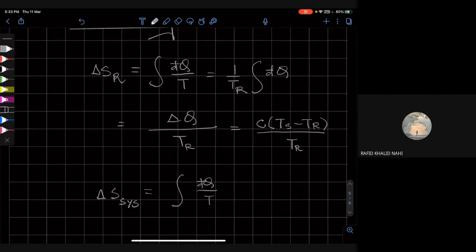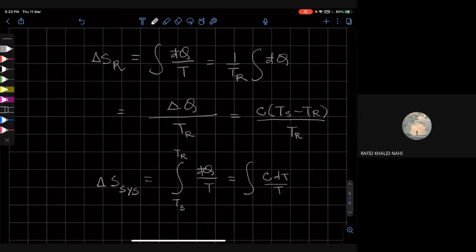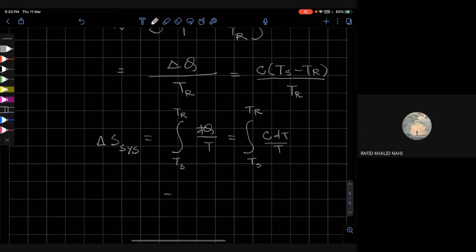Now the temperature is no longer constant. So it goes from the system temperature to the reservoir temperature. And dQ is C times dT divided by T. And now we have Ts to Tr. And then this is going to be a constant times the log of Tr over Ts.